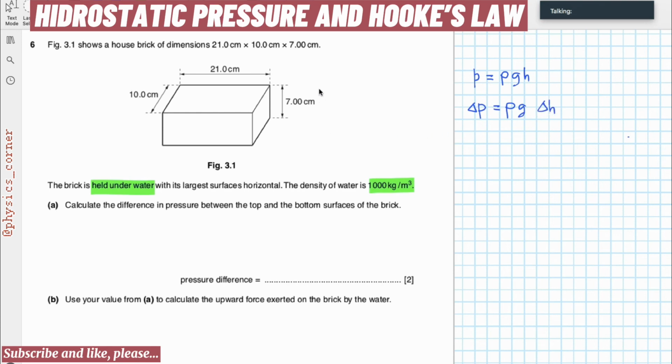Delta h means 7, because this is h2 and this is h1.